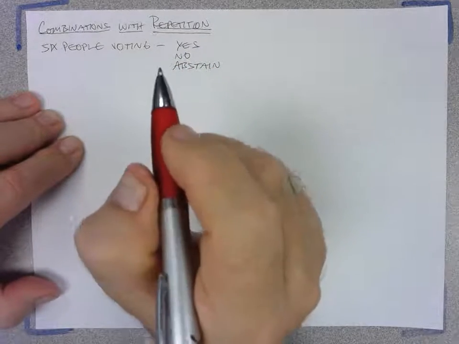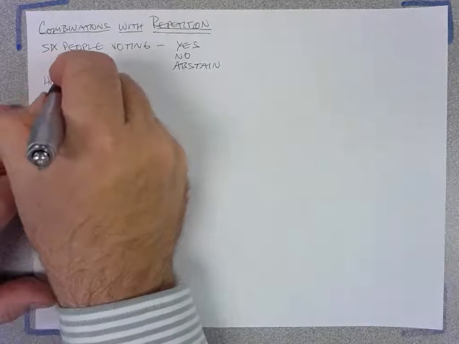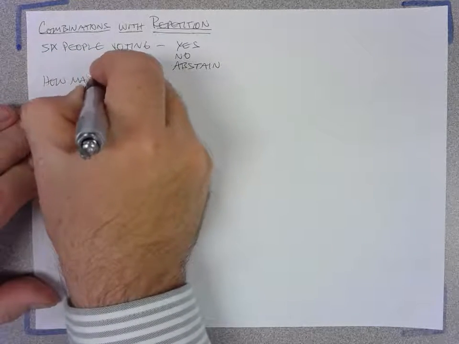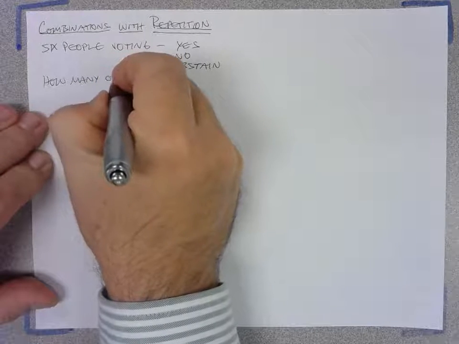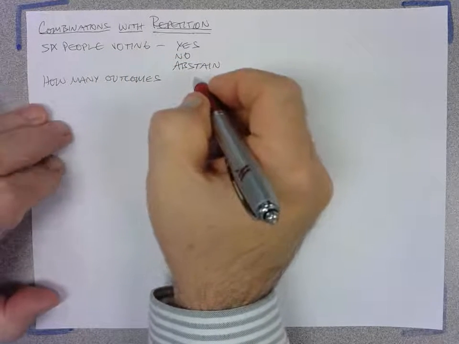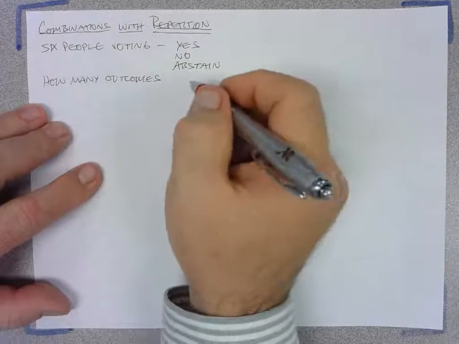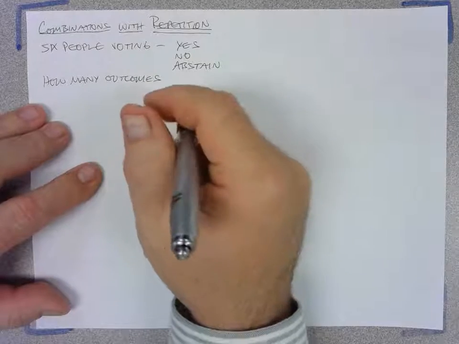How many different outcomes are possible when 6 people are voting like this? I mean, they can all vote yes, they can all vote no, and in the end, we just want to know how many yeses there were, how many no's.